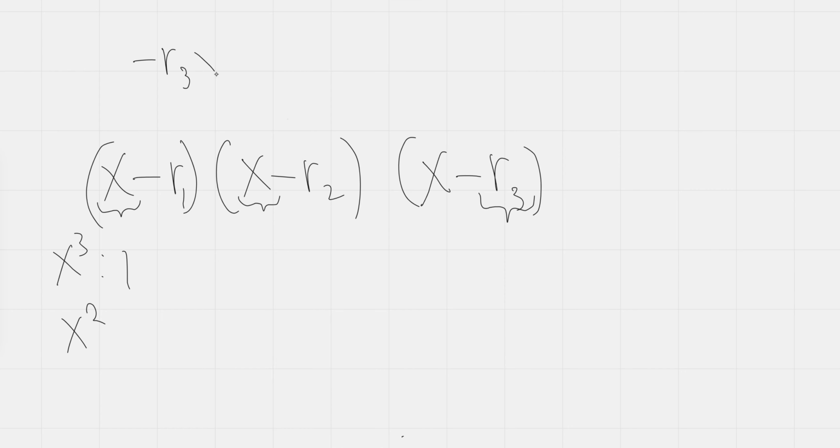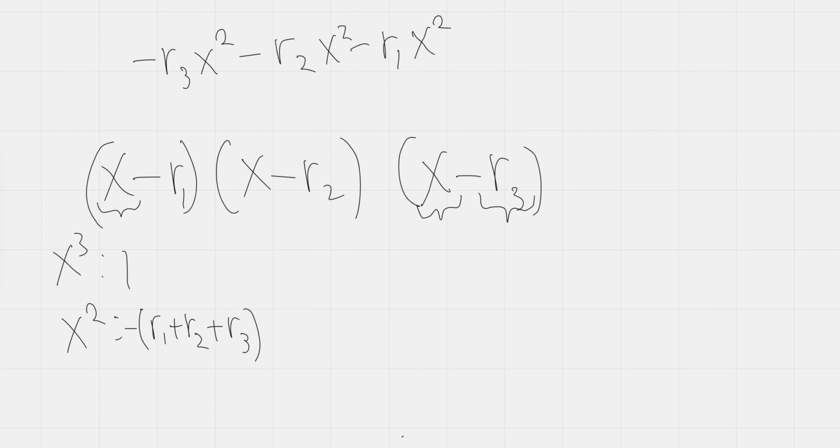So you're going to have negative r sub 3 x squared. And the same is true for every other pair of x's that you can pick. You're going to have negative r2 x squared, minus r1 x squared. So the coefficient of the x squared term is negative (r1 plus r2 plus r3).